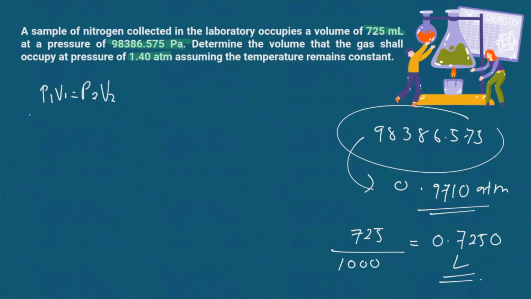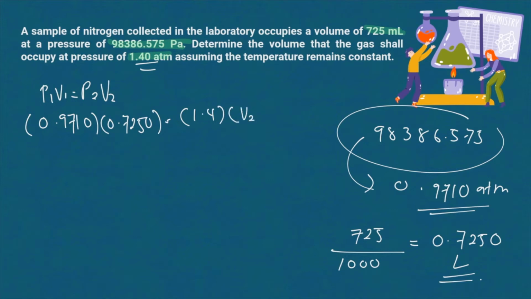So you can plug in the formula here. You should get 0.9710 times 0.7250 is equivalent to the final pressure, which is 1.4, times V2, and V2 is the thing that you are going to calculate.